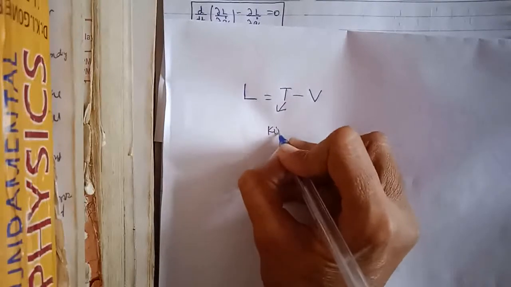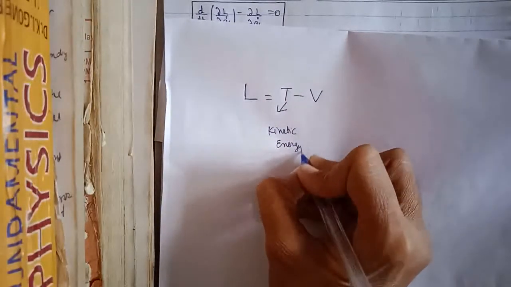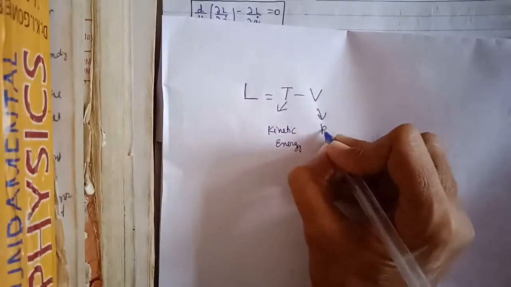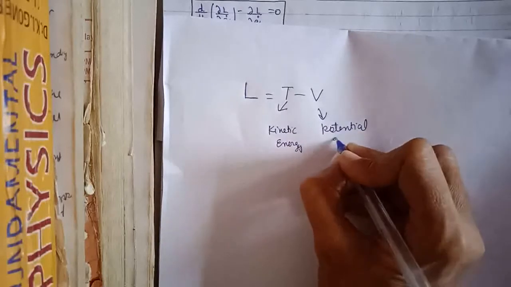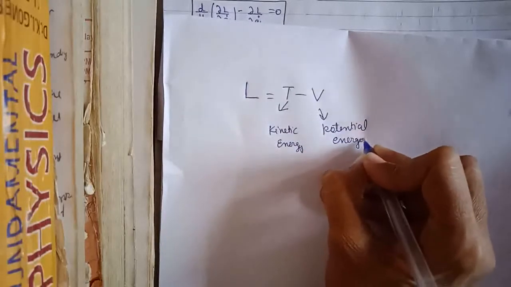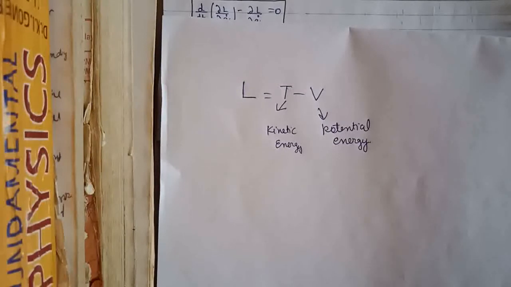T means kinetic energy and V means potential energy. So Lagrangian is simply kinetic energy minus potential energy. So this is the Lagrangian.